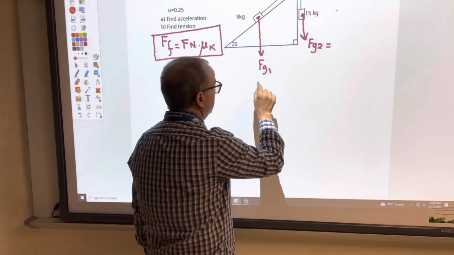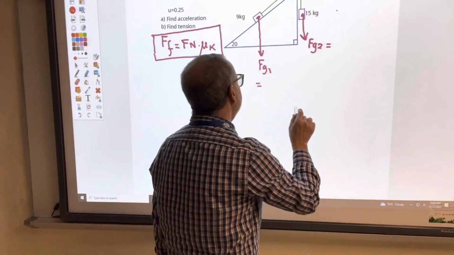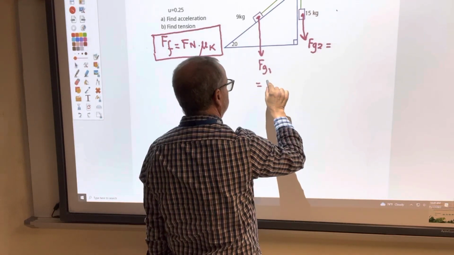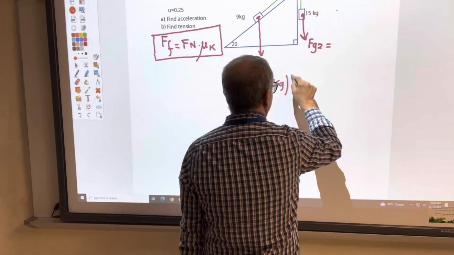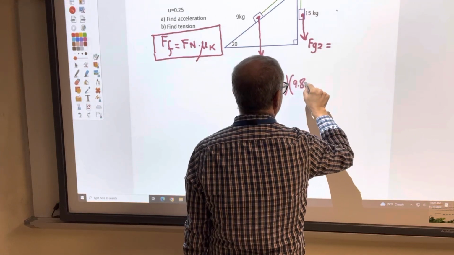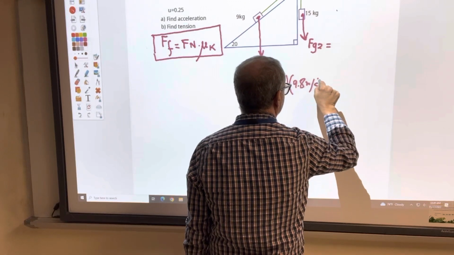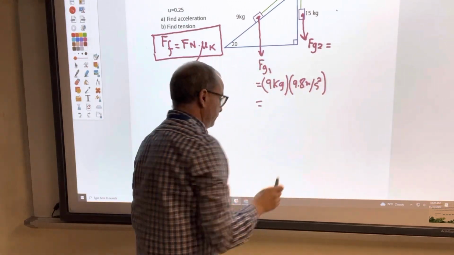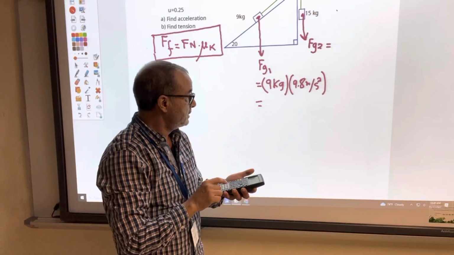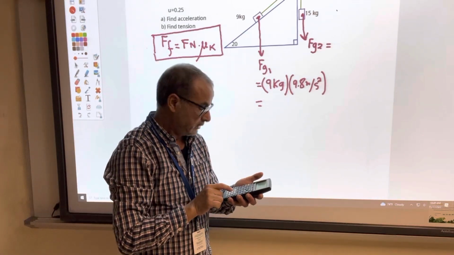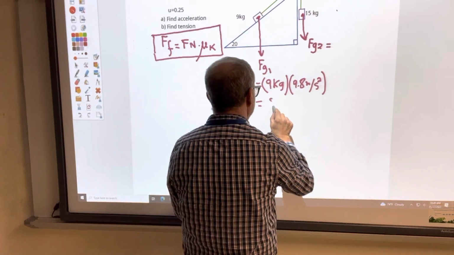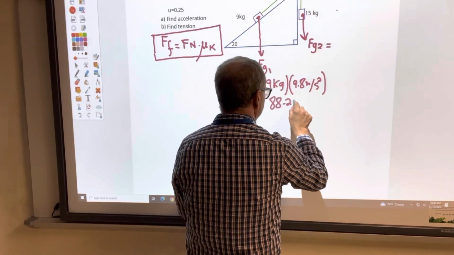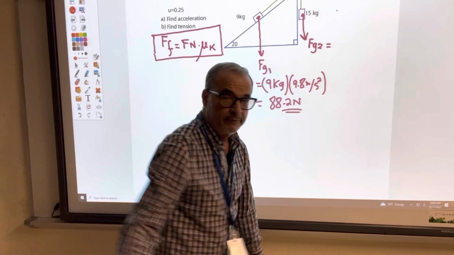So Fg1 is going to be the mass, which is 9 kilograms, multiplied by 9.8 meters per second squared. That's 9 times 9.8, which is 88.2 newtons.